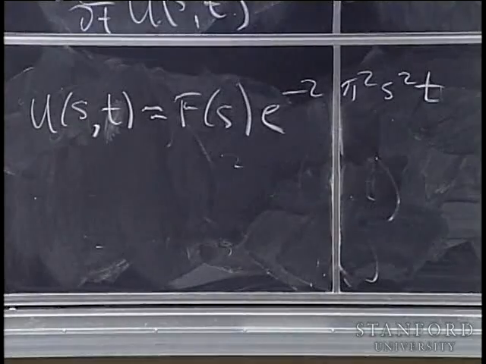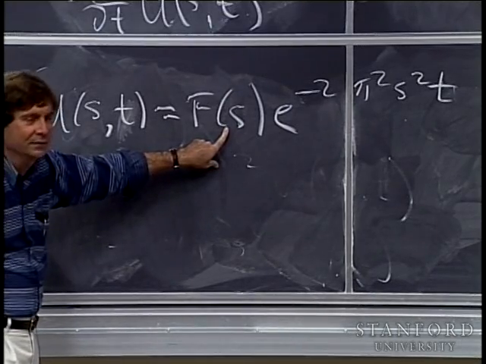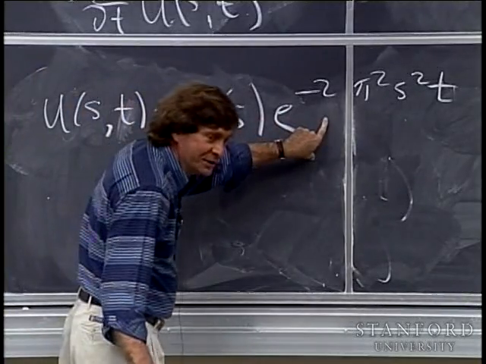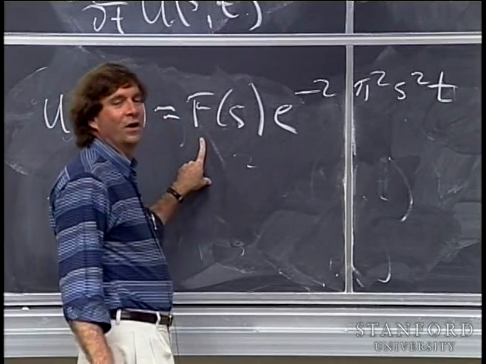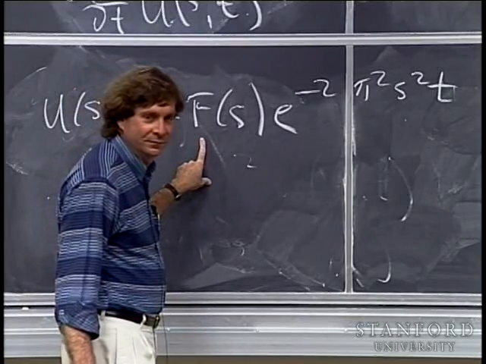All right? The Fourier transform of the solution is the product of two functions, the product of this Gaussian with the Fourier transform of the initial data. What is the solution? The solution is the convolution of the two.